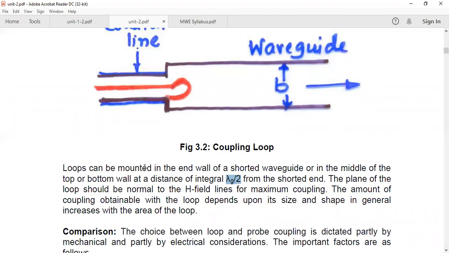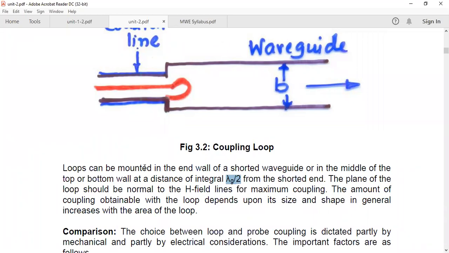These are the probes and loops, the two types of couplings we are using. Probes we insert into the broader dimension of the rectangular waveguide, at a distance from the short end of lambda g by 4, parallel to the electric field lines.